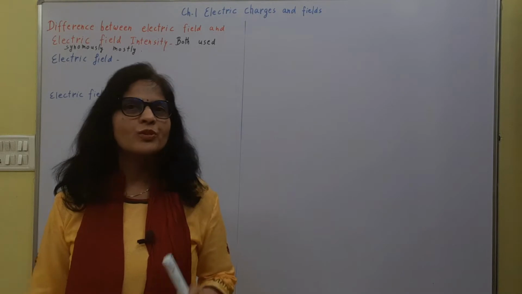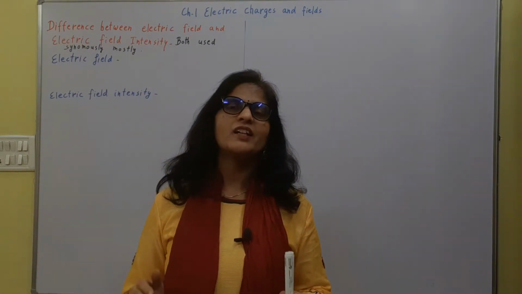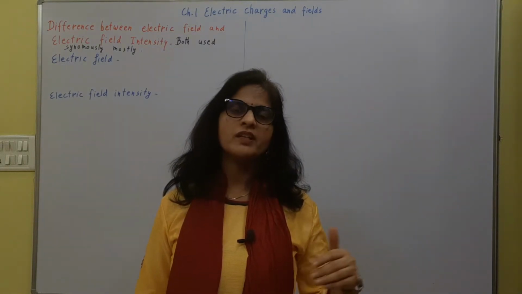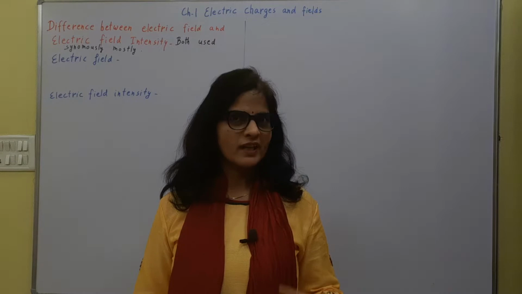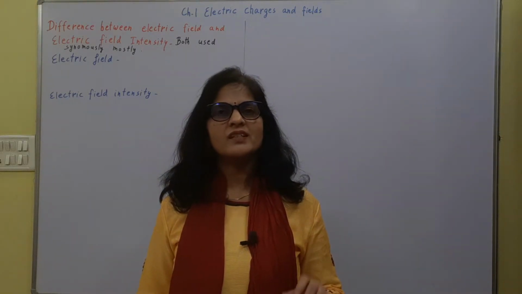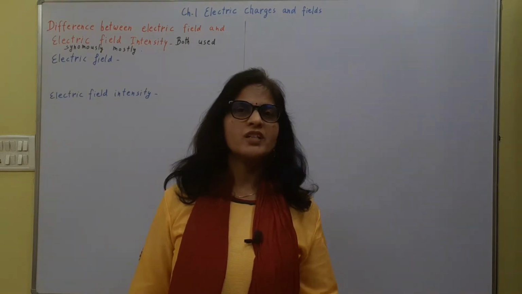Hello everyone. Today we will discuss the difference between the electric field and electric field intensity. Though both terms are used synonymously, we have already studied the concept of electric field and electric field due to a point charge. But here we will first discuss the basic difference between the two. As you know, what is gravitational field?